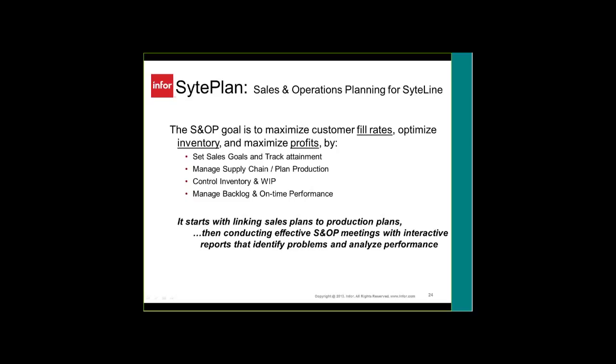And doing that through kind of a four-prong approach: setting goals and tracking attainment, managing your supply chain, controlling your inventory, and managing your backlog. And really this process all starts with developing these plans and then conducting effective cross-functional meetings to identify the problems and resolve them.